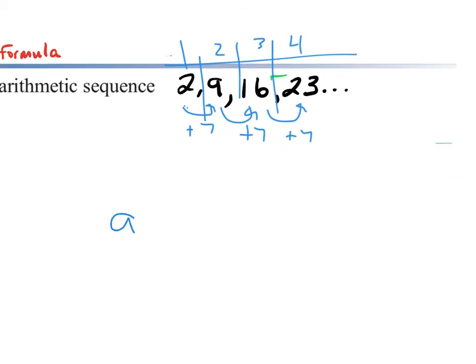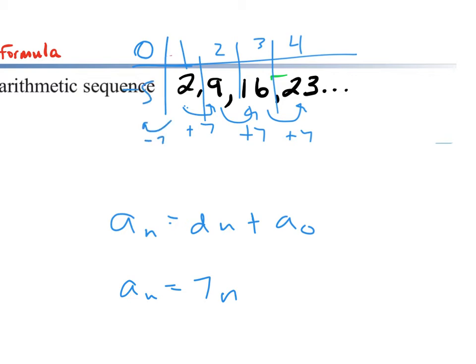So in our formula, we have a sub n is equal to d times n plus or minus a sub 0. Just depends on if it's positive or negative. So a sub n is equal to 7n. And then we need to find what our a sub 0 is. So if we're going backwards to find what our 0 term is, what do we have to do? Subtract 7. So it's 2 minus 7.